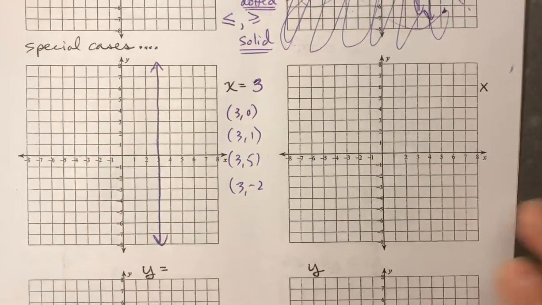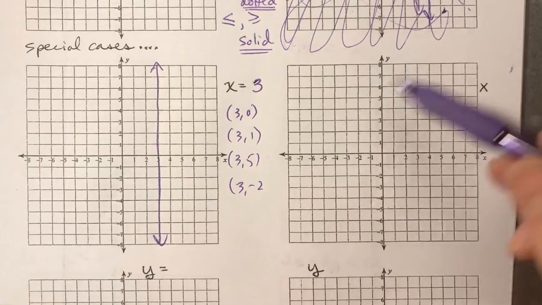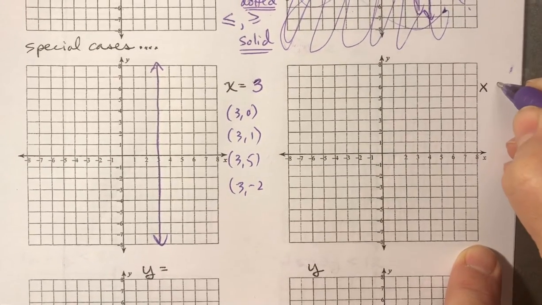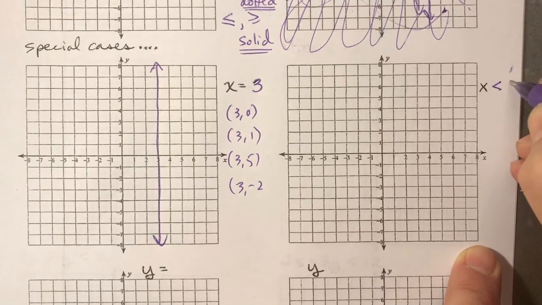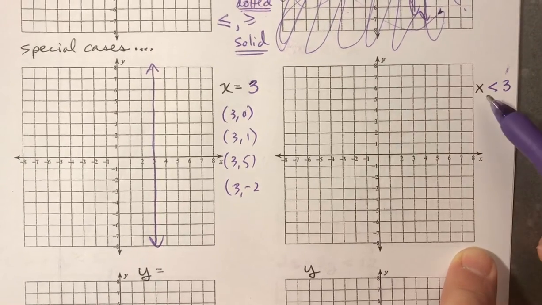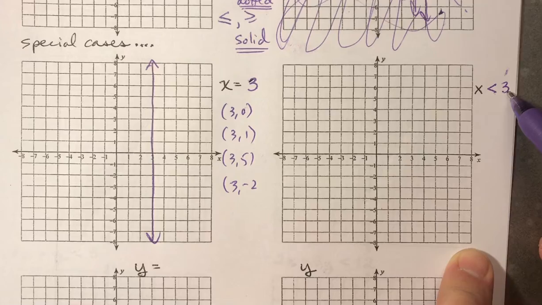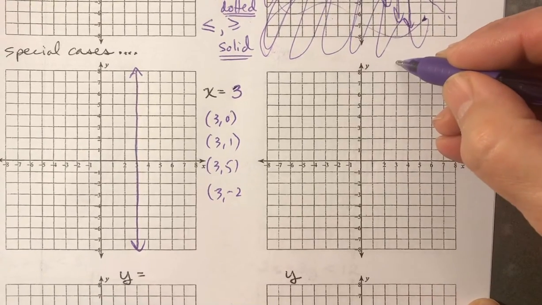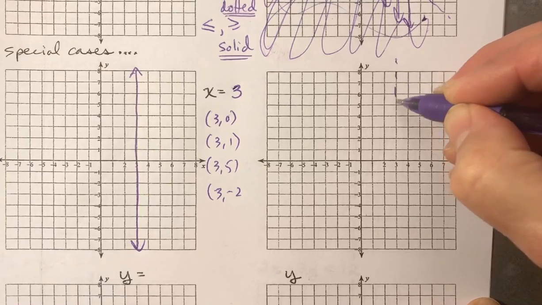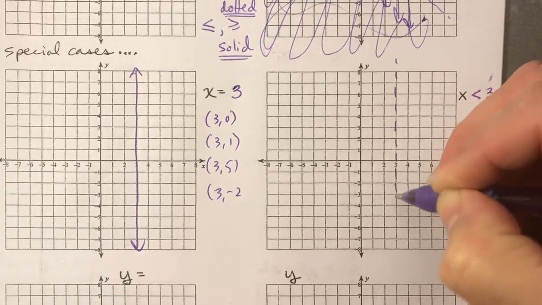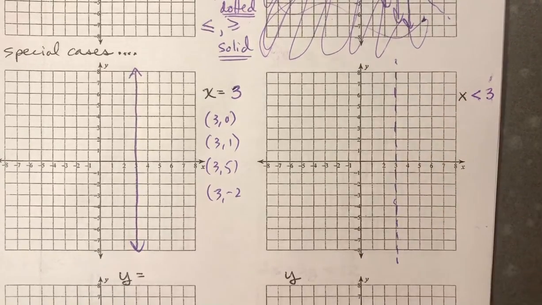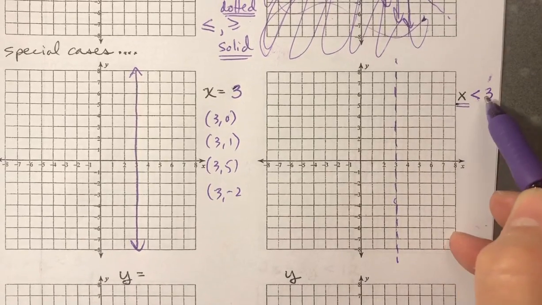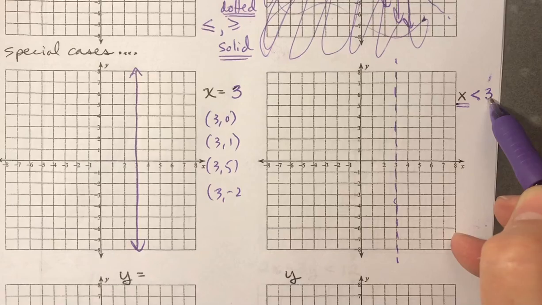So when I graph an inequality of a vertical line, then it could take on a form such as this. X is less than 3. Now, we would still have a vertical line, but instead of this line being solid, it's going to be dotted. And then we want all x's to be less than 3.